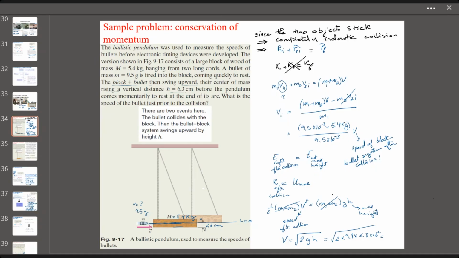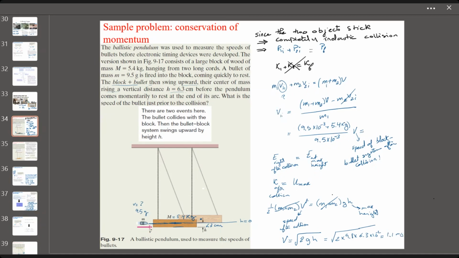I'm going to calculate this. I'll get 1.1 meters per second. I'm not going to stop here. I need to calculate V1 initial by plugging V to be 1.1 now.